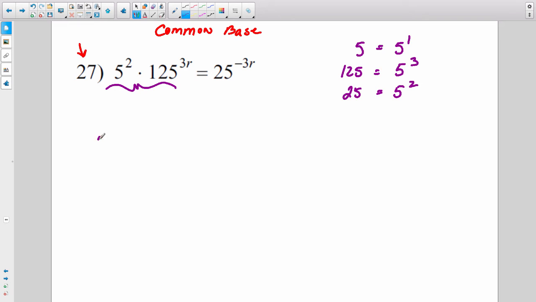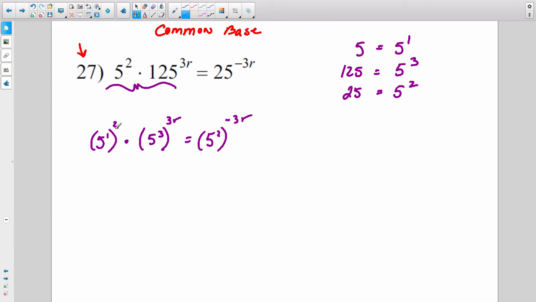We'll take this guy to be 5 to the first, raising him to the second power. This one we were saying was 5 to the third, raising that to the 3r. And we called this one 5 squared, raising that to the negative 3r.